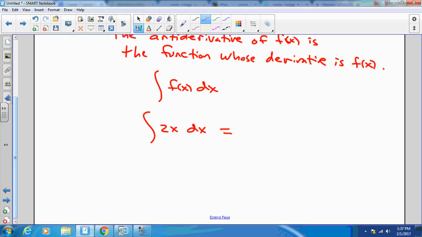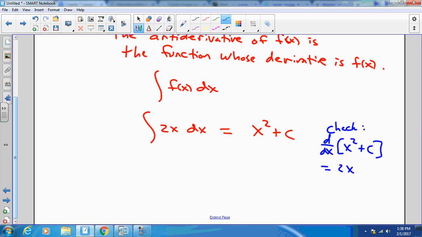So if we were to express the previous problem that we talked about in antiderivative notation, we would say that the antiderivative of 2x dx is equal to x squared plus c. And the reason for that can be found simply by checking.